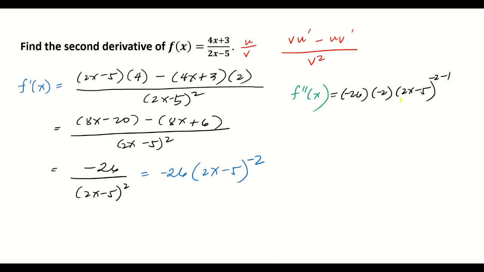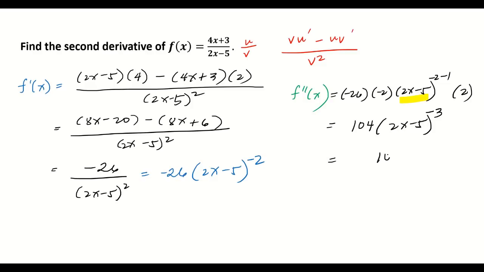We're going to multiply this by 2, because that is the derivative of 2x minus 5. And to simplify, negative 26 times negative 2 times 2 is positive 104 times 2x minus 5, and we have negative 2 minus 1 is negative 3.